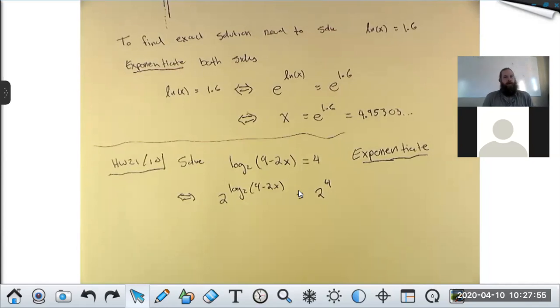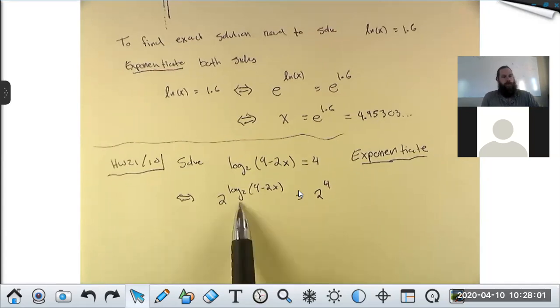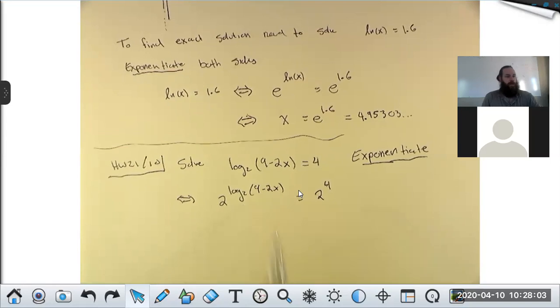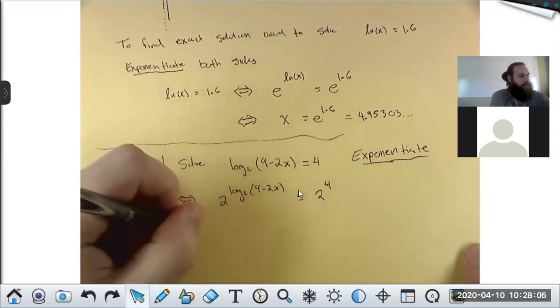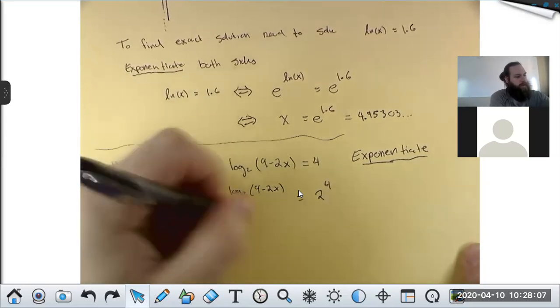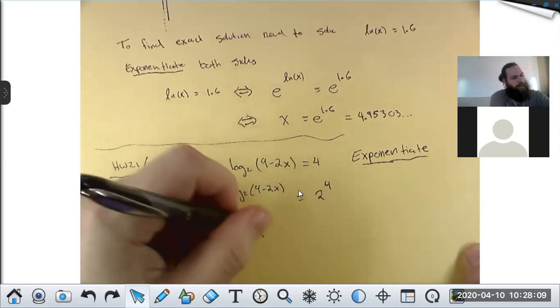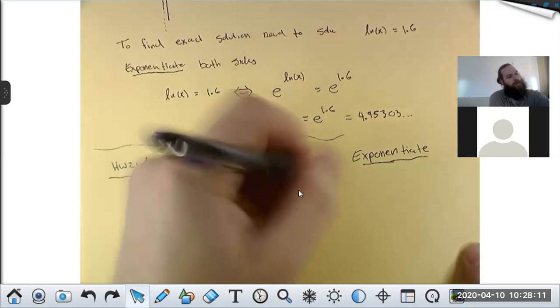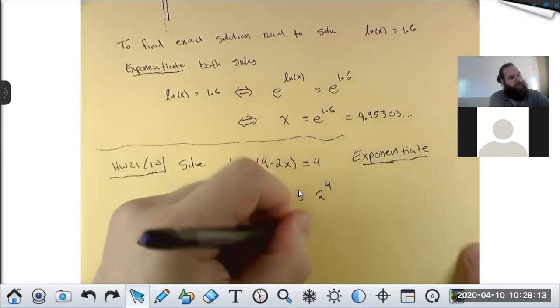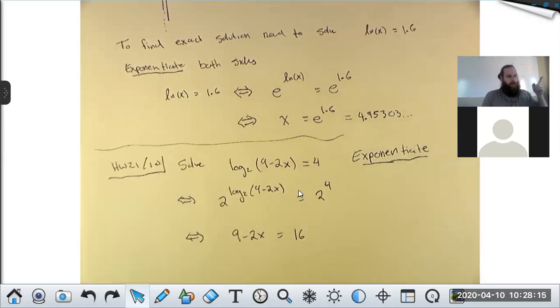So it's the exact opposite of taking logs on both sides. 2 raised to the base 2 log of anything is just going to be that thing. So my left-hand side simplifies to 9 minus 2x. And on the right-hand side, 2 to the 4 is 16. Right? It's 2 times 2 times 2 times 2, which is 8 times 2 is 16.